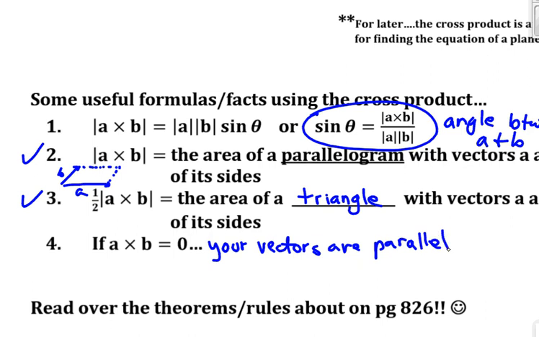But who wants to do a cross product just for fun? Nobody. It's a lot easier to tell that something's parallel if you can recognize they're multiples of each other, like, oh, this one's double that one. This would be kind of a long way to go. Okay. And there are some theorems and rules on page 826. Maybe just look over those a little bit. I was trying to make a star, but it doesn't work that good.